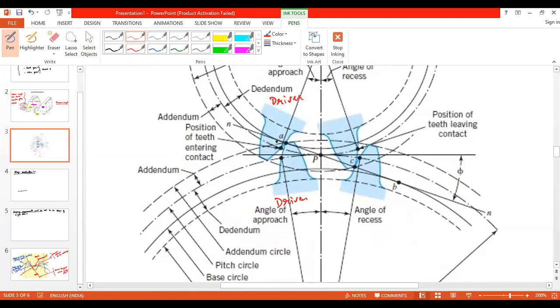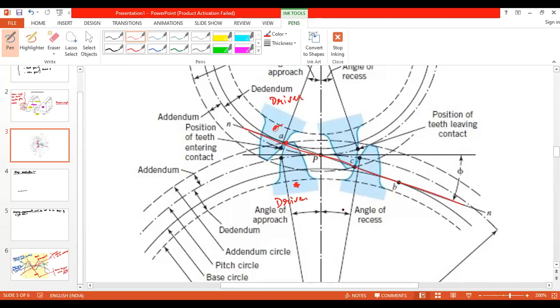Okay, only one gear tooth each of the driver and the driven are represented here. This is one gear tooth of the driver and this is one gear tooth of the driven. Okay, so if you think that these two gears are at the beginning of the engagement of the driver with the driven, this is the point of contact. And this is the common normal.